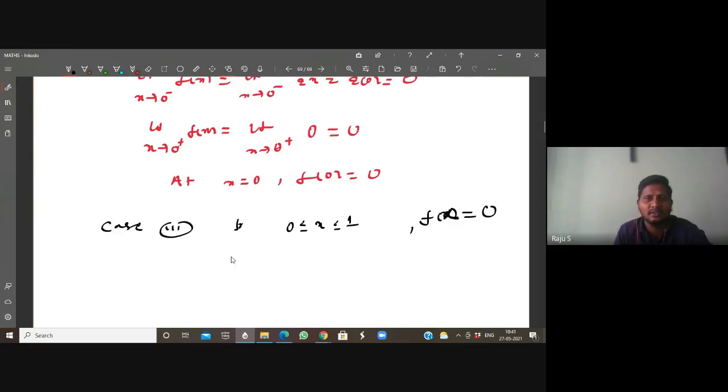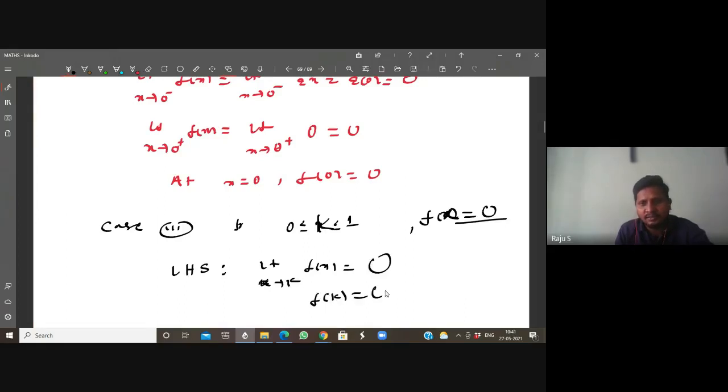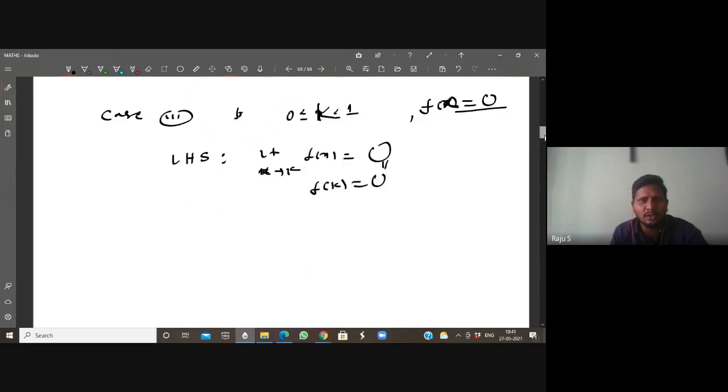Here, same LHS, only one function. But what is the limit you should take here? Simply, 0 to 1 means you can take the limit as x tends to k, where k is from 0 to 1. The limit and f of k are both 0. Both will be the same. Whatever value you give, the output is 0 only, because it is constant.